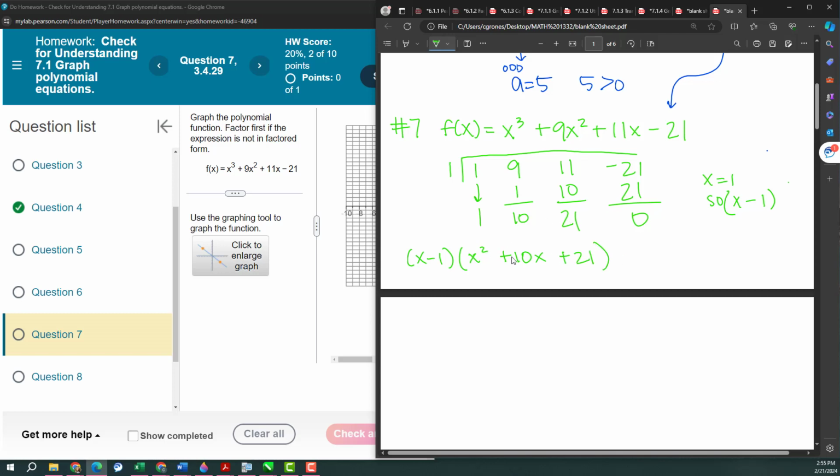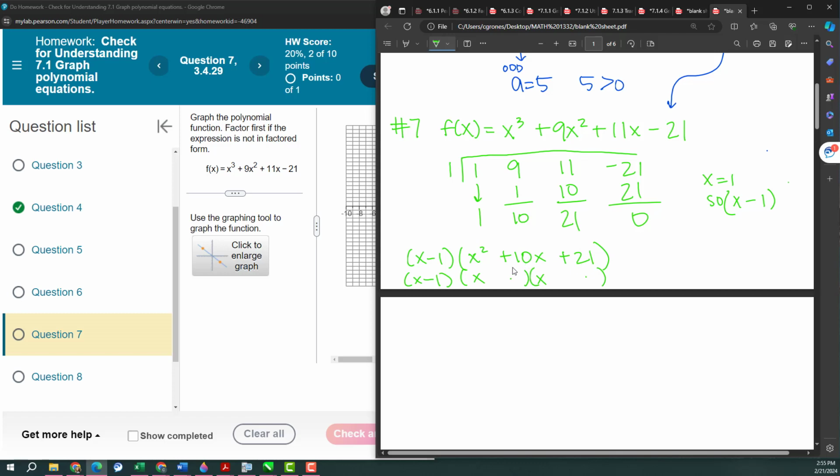Now I can factor this. So x minus 1, and then I've got x and x. I need terms over here that multiply together to get 21 and also add to get 10.